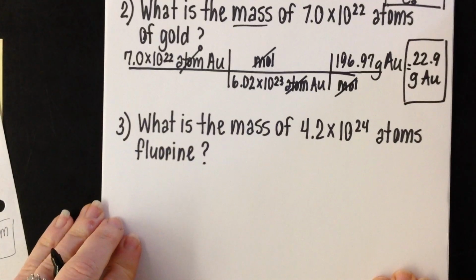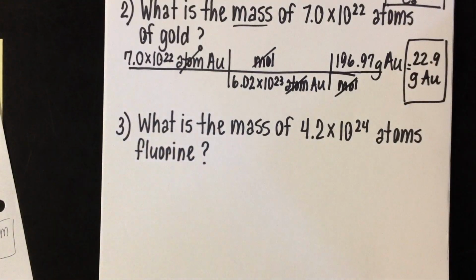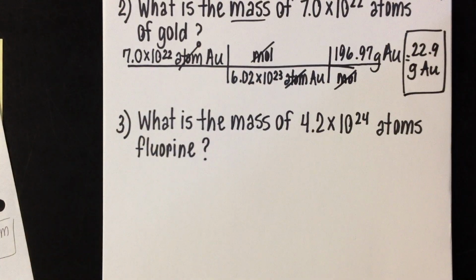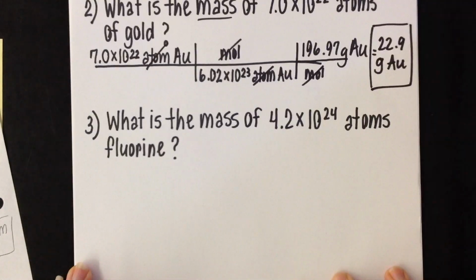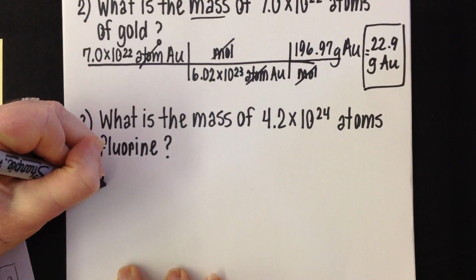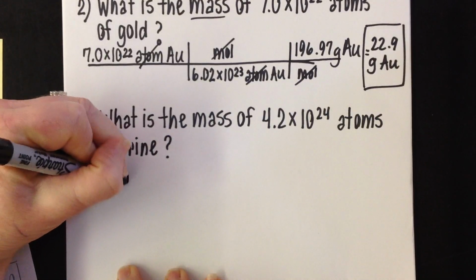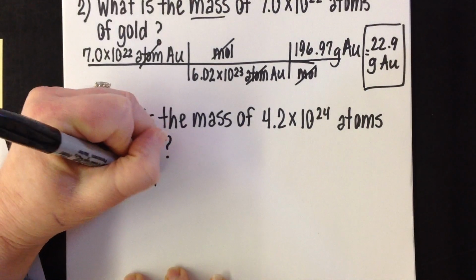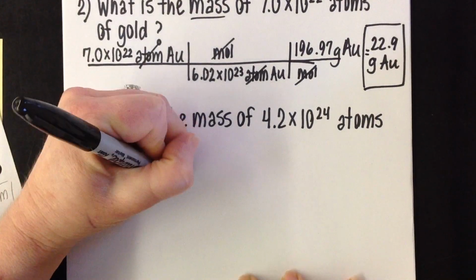Now let's look at the last one. We're going to do this one exactly the same way as number 2. What is the mass of 4.2 times 10 to the 24th atoms of fluorine? So we're going to start off with our 4.2 times 10 to the 24th atoms of fluorine.